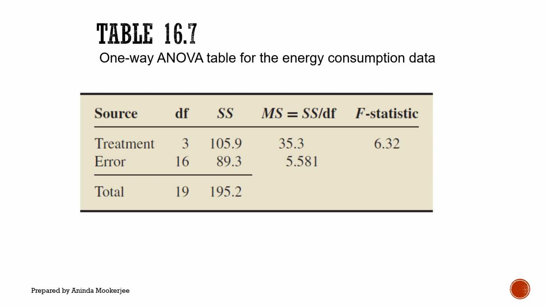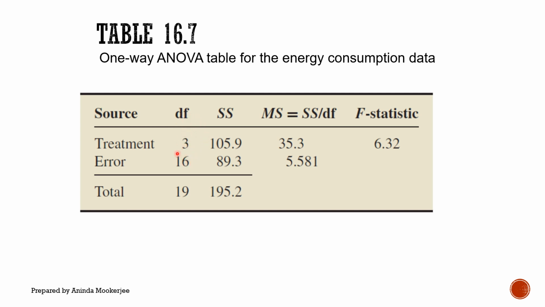Here they filled in the values in the ANOVA table, the values that we calculated previously. You see the first column is just specifying which row is for treatment and which row is for error. And then the DF was K minus 1, so 4 minus 1. We had 4 regions, so 4 minus 1 is 3.